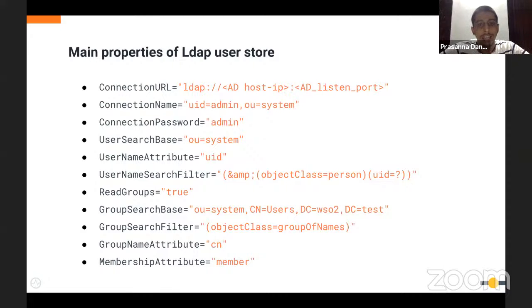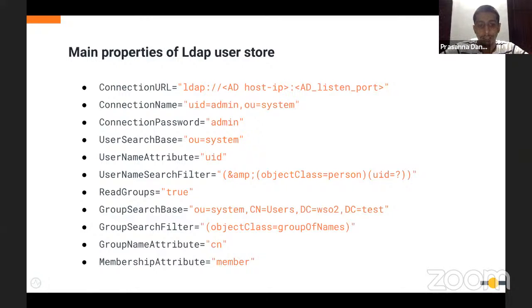The connection name is how you identify a user. So user group will be system and user will be UID. The UID is the search space, right? The connection password, as you all know, is the password that you need to connect to the LDAP server.